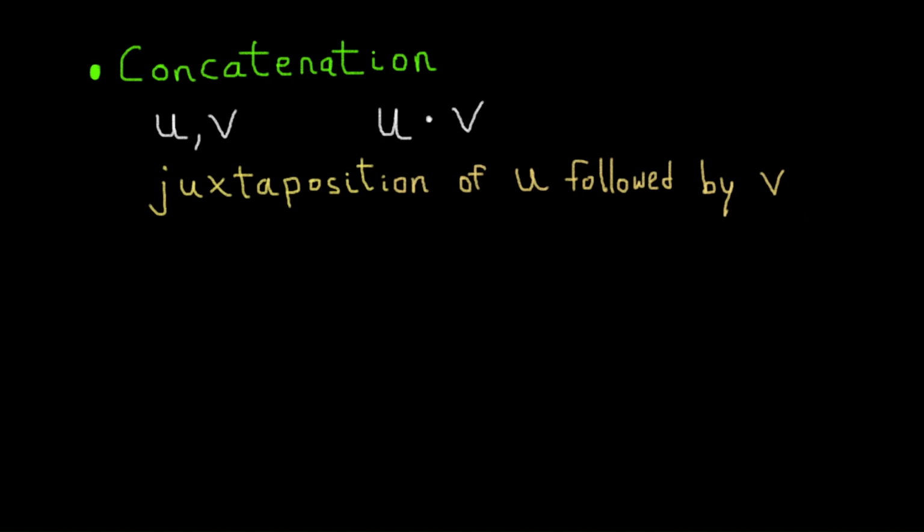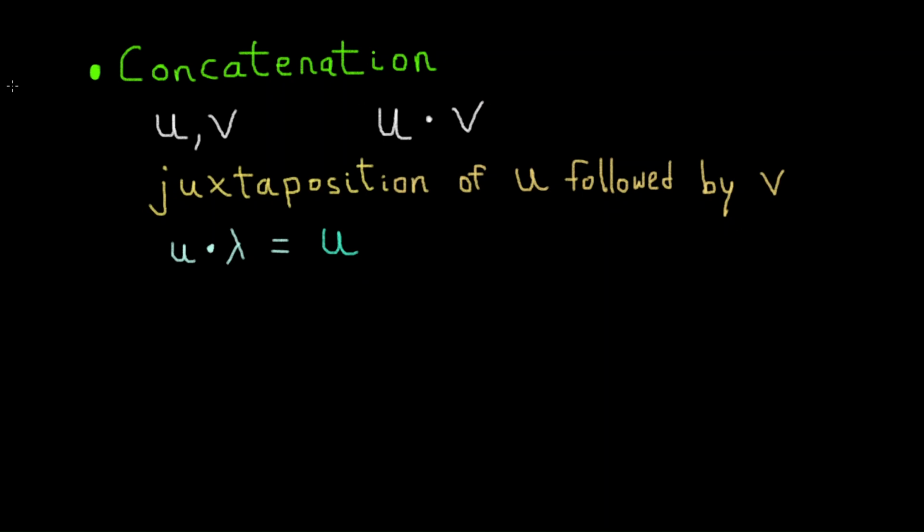Let us first take a look at the base case. Let us suppose that we are concatenating a given word u with the empty word lambda. Well, the result of this, as it is the juxtaposition, the formal definition of concatenation, is the word u, since the empty word does not contain any single element.